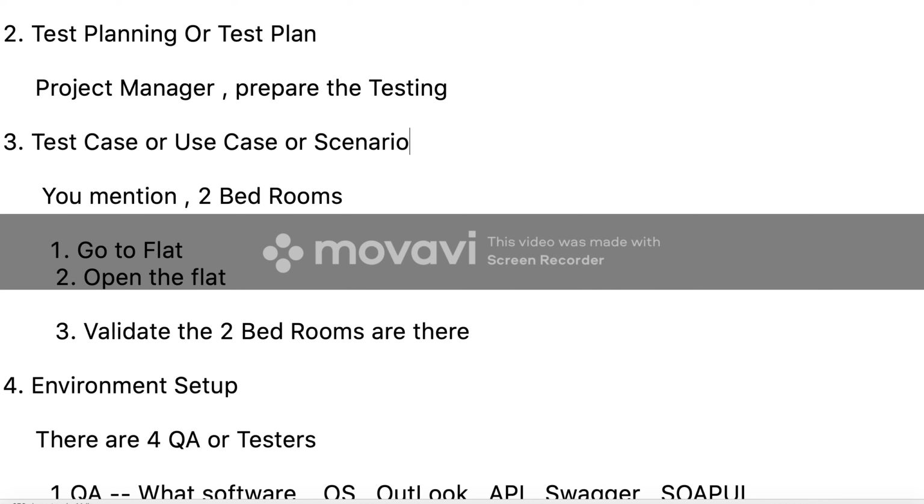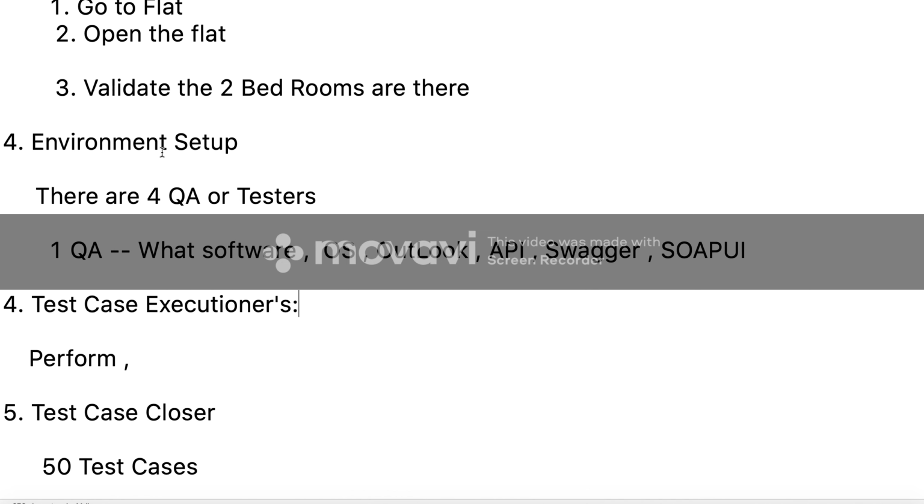A use case, test case, or scenario is nothing but the end-to-end steps you need to capture and write in one document. And environment is nothing but you need to set up your systems; for example, if 4 QAs are there, you need to set up all the software before execution of the test.